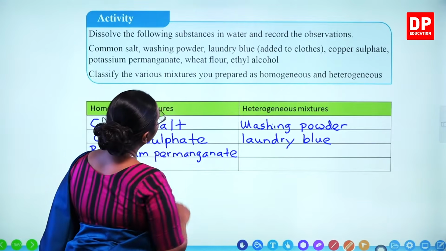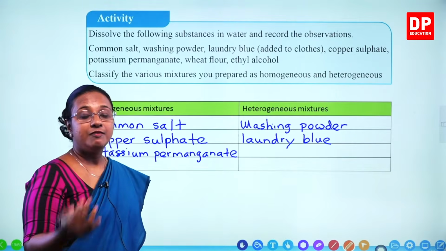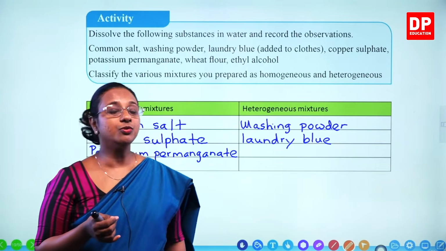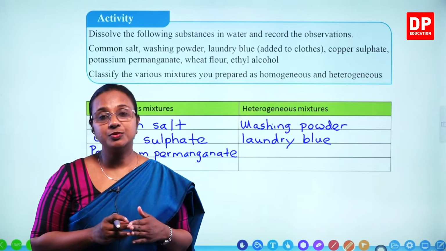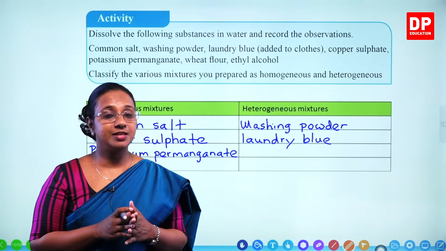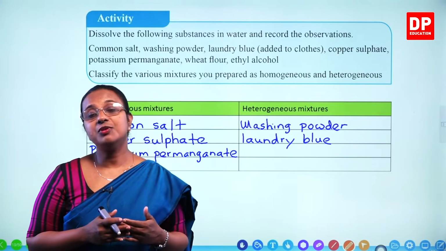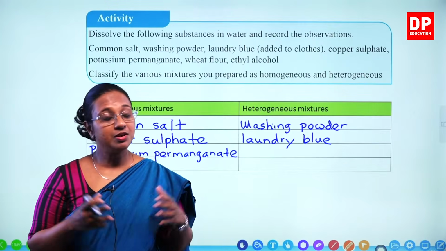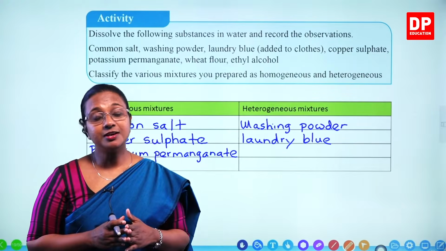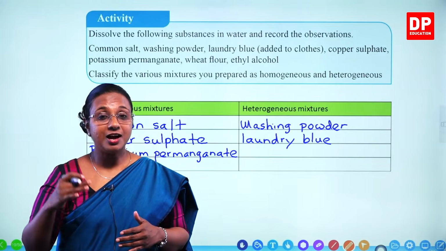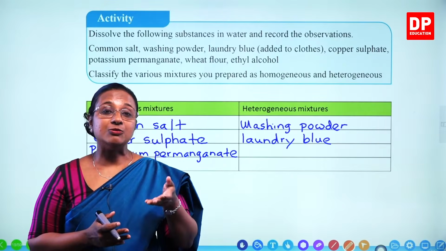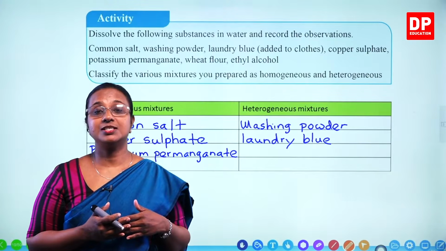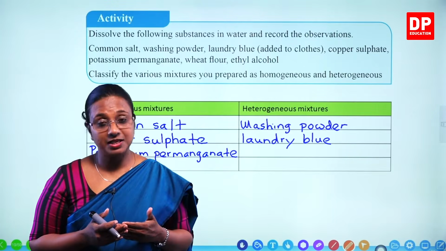Next we have wheat flour. Wheat flour is what you have at home, the normal flour. If you take a teaspoonful of flour, dissolve it in water, and allow it to stand for some time, I'm sure you know the observation. The flour deposits towards the bottom of the glass and you get a clear solution towards the top of the mixture.